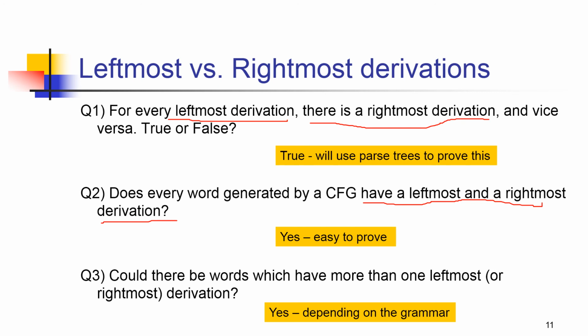It totally depends upon the grammar. Yes, there are certain grammars in which for any given string we can generate two or more leftmost or rightmost derivation trees. Once we move further, I'll tell you what those grammars are and I'll provide examples of them also.